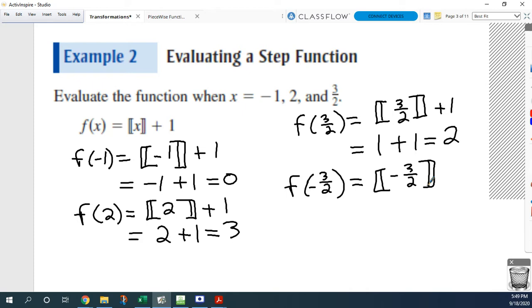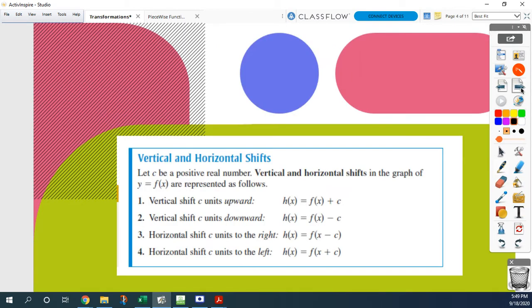But -1 is not less than negative 1.5. So this would actually be -2, because -2 is the closest integer that is less than or equal to negative 1.5. And that's a little bit about our greatest integer function.